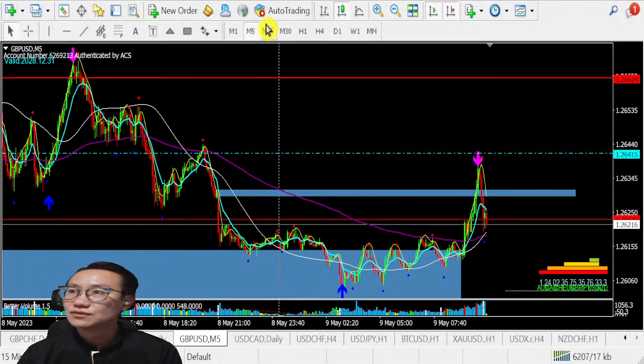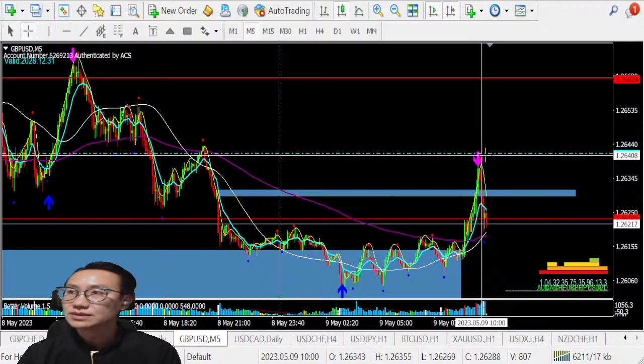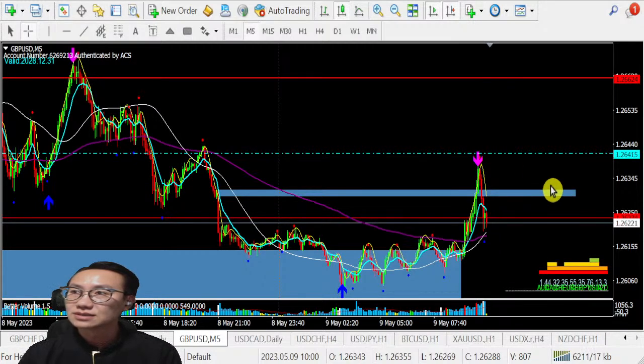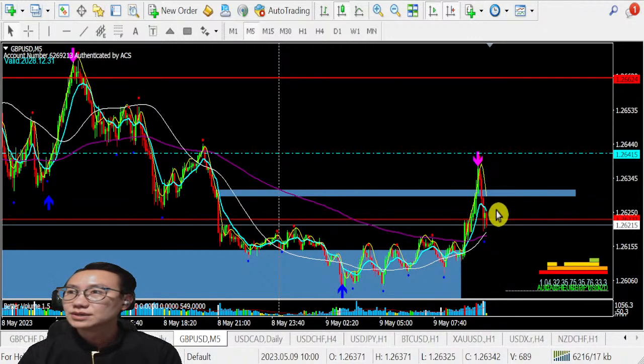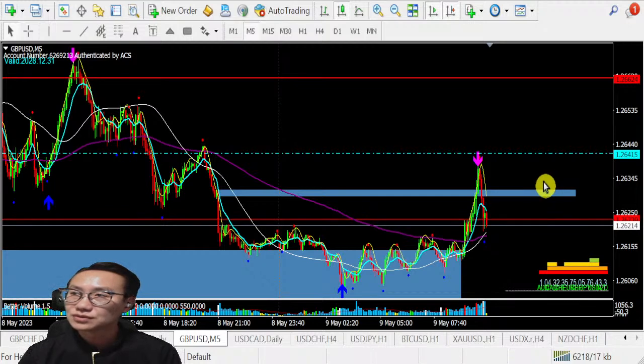Now the pound dollar is in this range here. We can see it looks like it's going to form another lower high over here to continue the selling, another round of selling maybe.